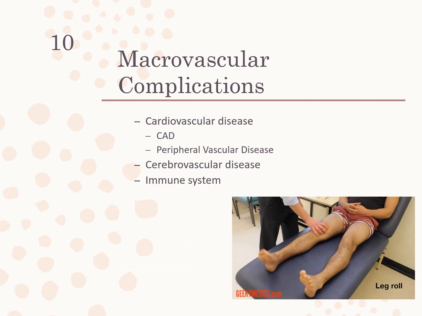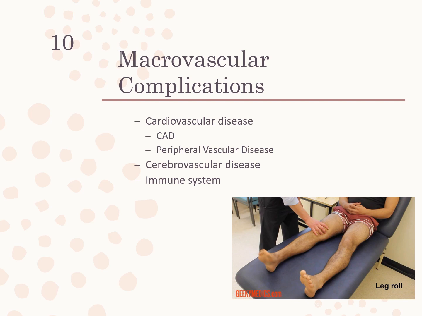Okay, patients with diabetes, pre-diabetes or even metabolic syndrome will have changes to their body systems, the macrovascular complications. So what we are looking at is coronary artery disease, or CAD, and we're also looking at peripheral vascular disease.